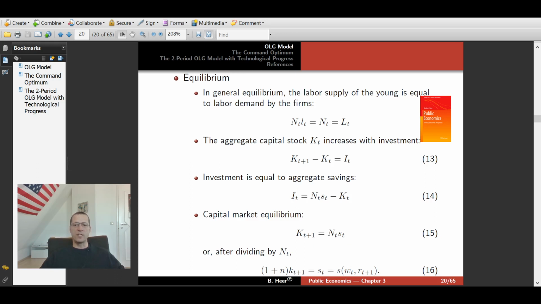And individual savings, as we have just previously derived, is a function of the wage rate w_t in period t and the interest rate r_t+1 in period t+1. And since we have constant returns to scale, wages w and interest rate r are just functions of the capital intensity lowercase k. So equation 16 is just a dynamic equation in the variables k_t and k_t+1.